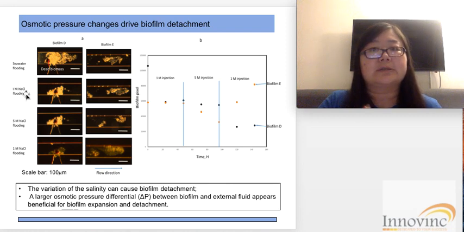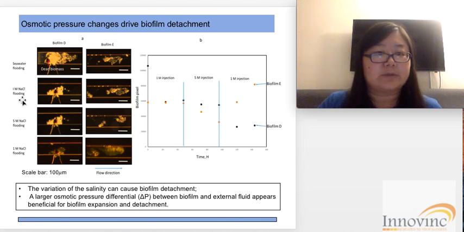So there is not much differential between the seawater and the 1 molar salt solution. From the images we can see there is barely any change in biofilm E, but a lot of detachment happened in biofilm D.